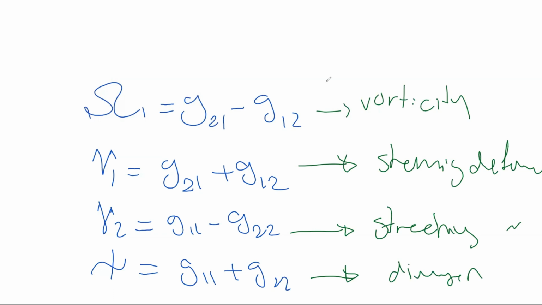So what does that mean? If, for example, we compute a positive or negative stretching, I'm talking about this one, stretching indicates extension or contraction or compression in the northwest component.